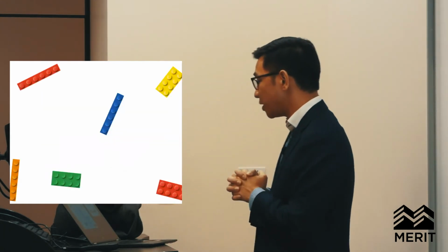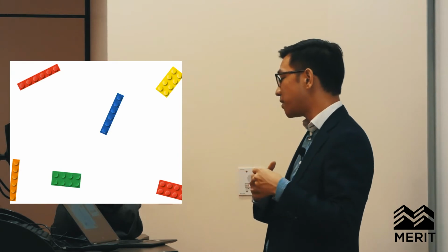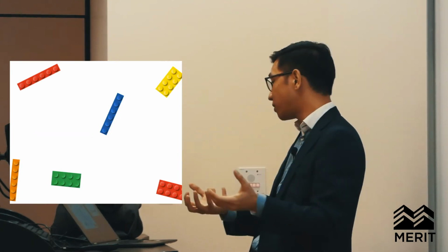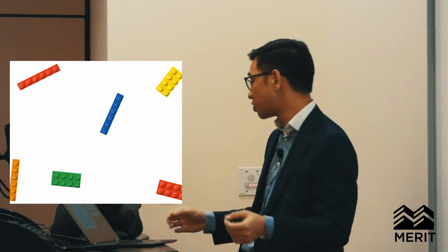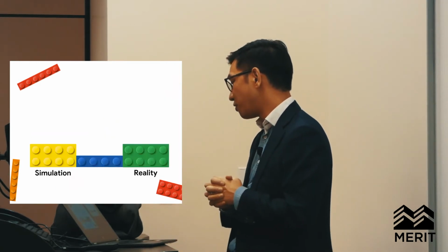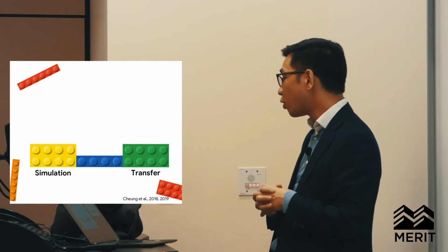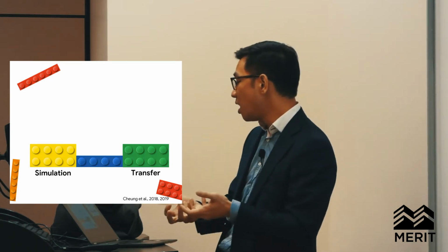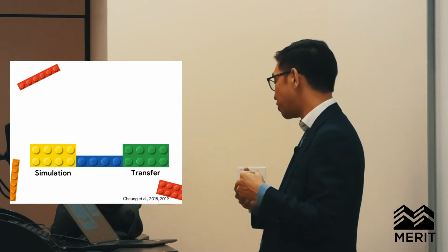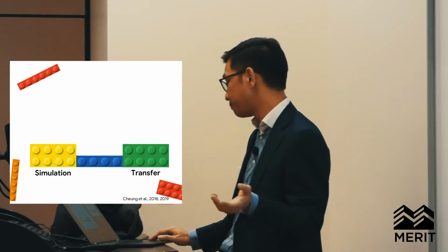So what this work represents really is the beginning of a research program that's aimed at understanding the building blocks of effective simulation-based instruction. So rather than creating simulations that better align with reality, this line of inquiry suggests that simulation instructional design might be better served by aligning simulation instruction with the goal of transfer.